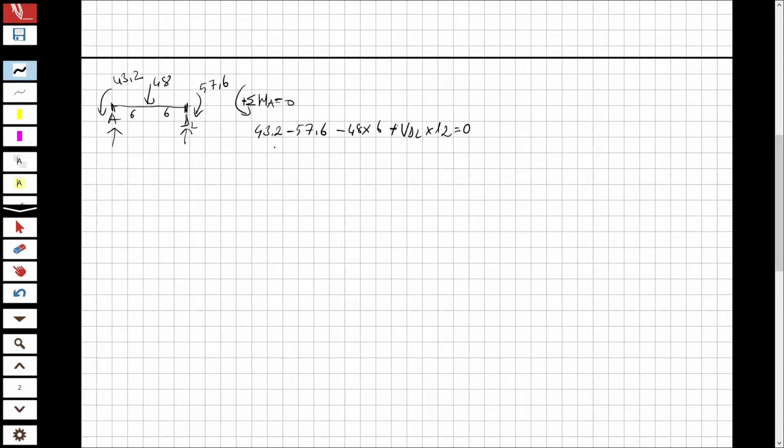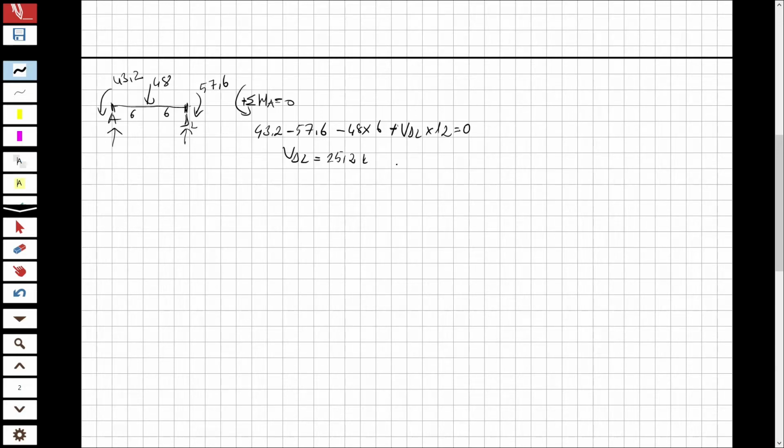From this equation, I obtain VD left as 25.2. That was correct, actually: 25.2.